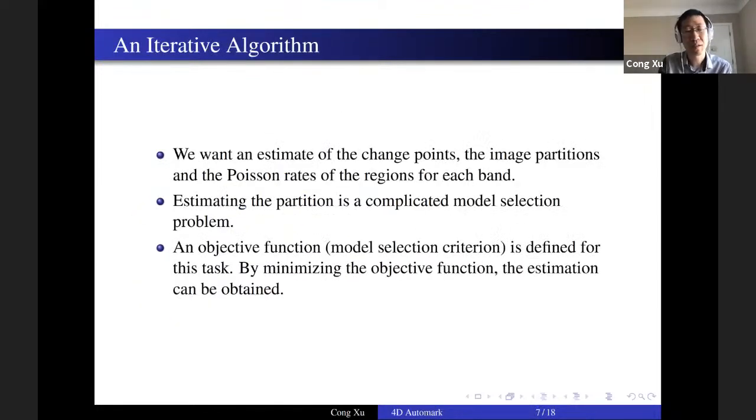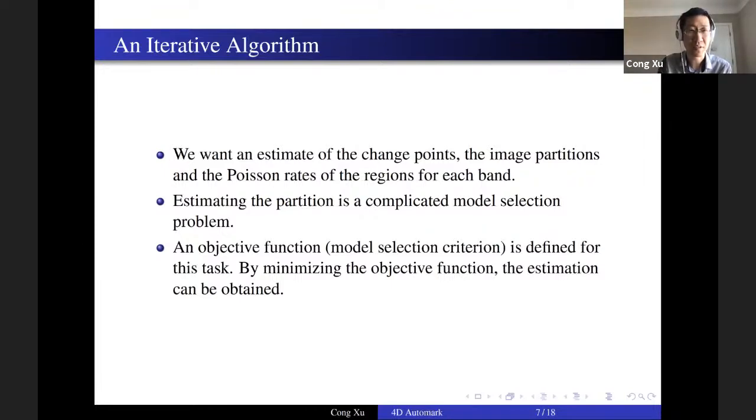So now the goal is pretty simple. We have a video or a sequence of images. We want to estimate the change points, and between two consecutive change points, we want to partition the images. And also we want to estimate the Poisson rate for different regions. And this kind of question is like a model selection problem in statistics.